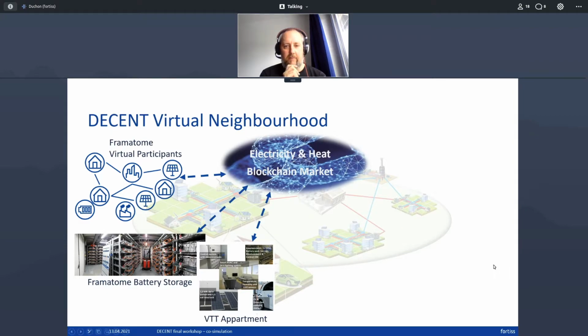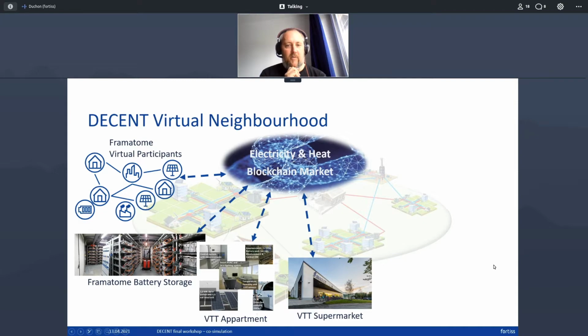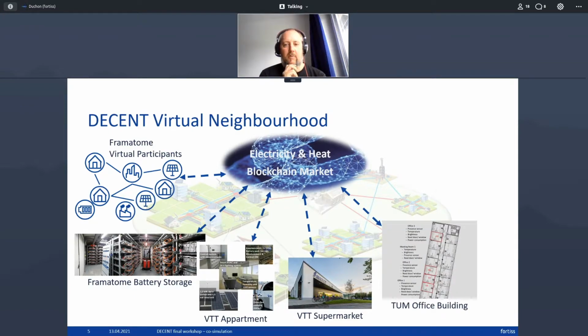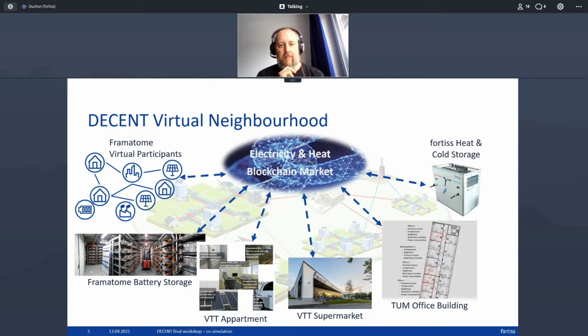And we also have the VTT supermarket, for which we also have real data, and also the TUM apartment or the TUM office building, the floors, which was equipped with sensors and smart meters in order to provide real data. And also at Fortiss, we had the heat and cold storage demonstrator, and all those real entities and also the virtual participants were connected to our markets for flexibility sharing.